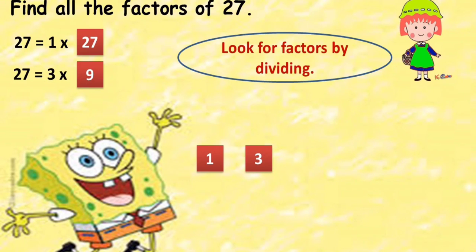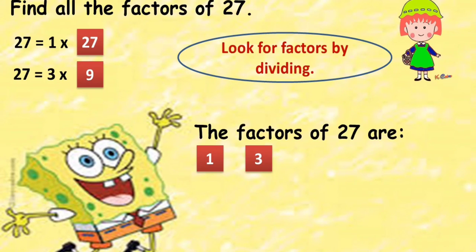Or 1 times 27 is 27, and 3 times 9 is 27. So the factors of 27 are 1, 3, 9, and 27.